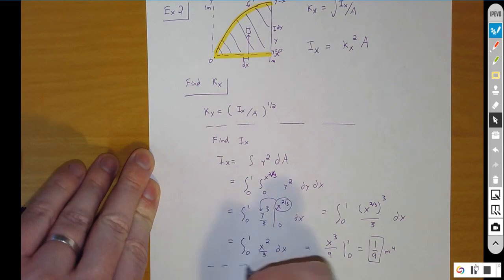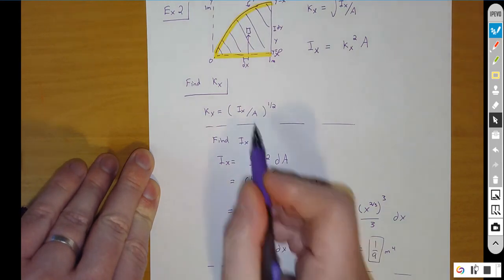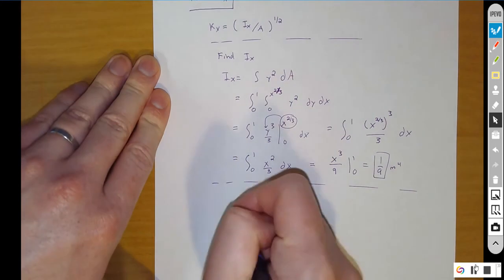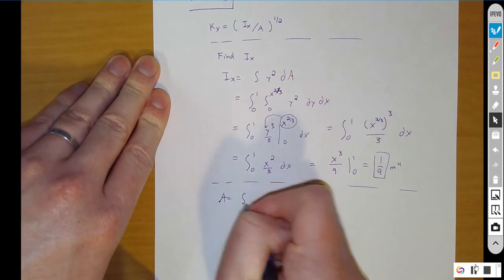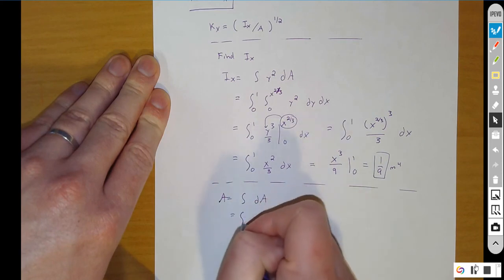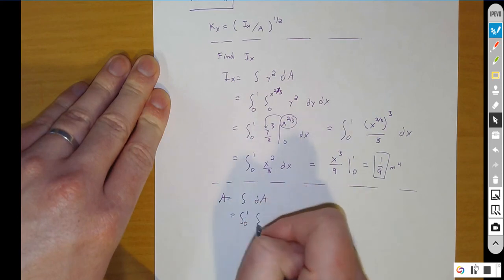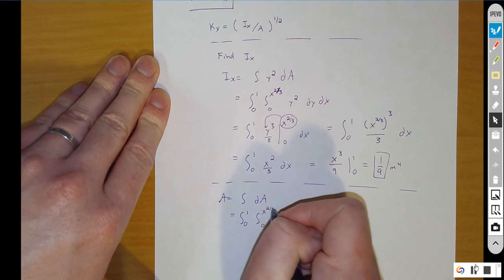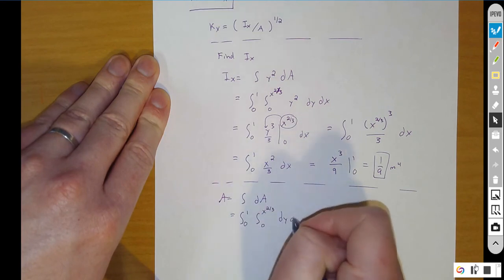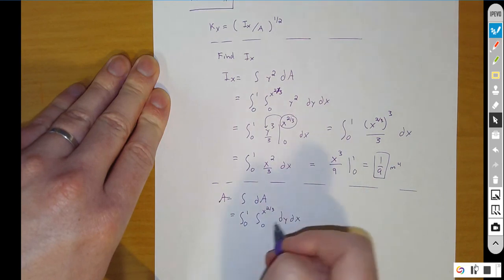All right. To continue finding this, I have to go find the area. So to find the area, we're just going to integrate dA. So same integration, 0 to 1 for x, 0 to x to the 2/3, and then we're just going to go dy dx. Nothing else inside.